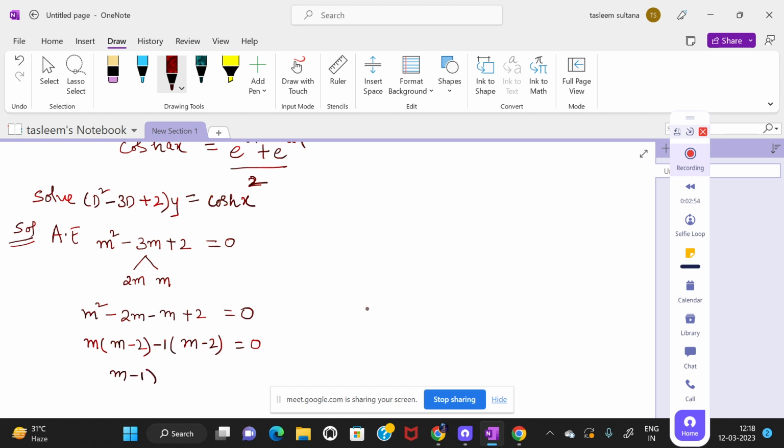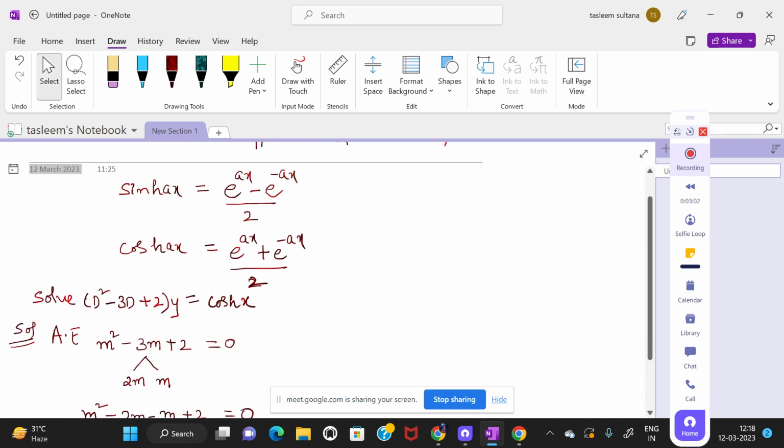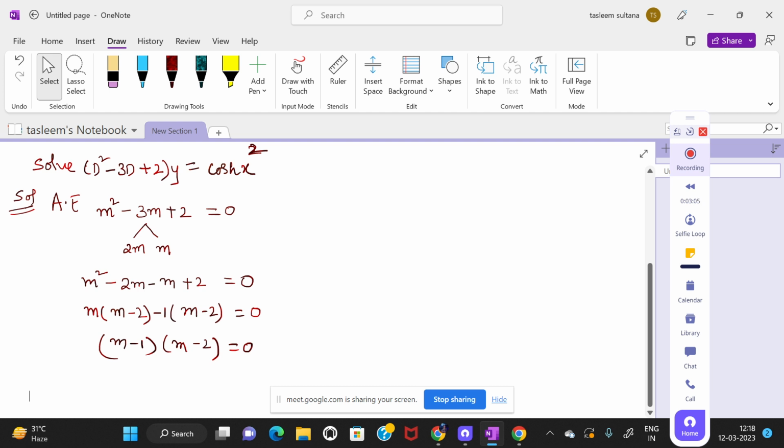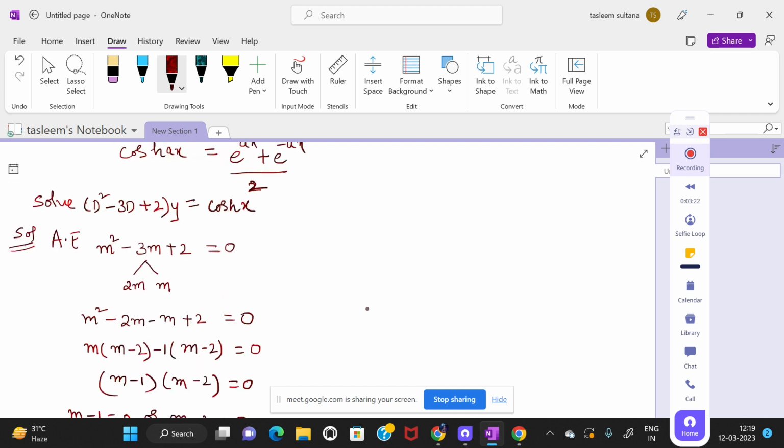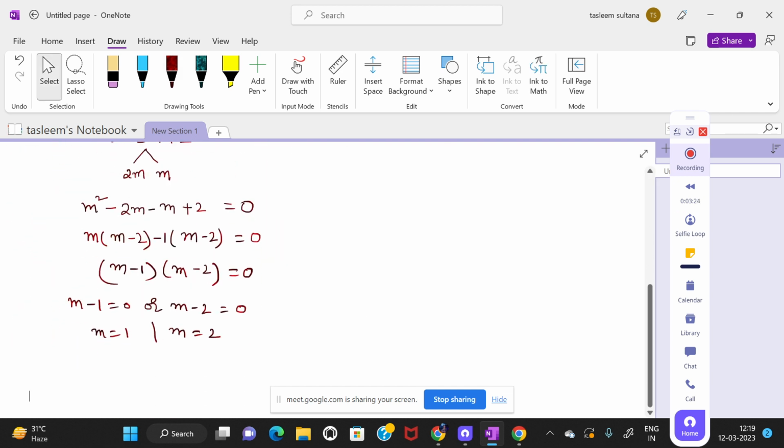M minus 1 equals 0, or m minus 2 equals 0. So m equals 1, m equals 2. So the roots are real and distinct.